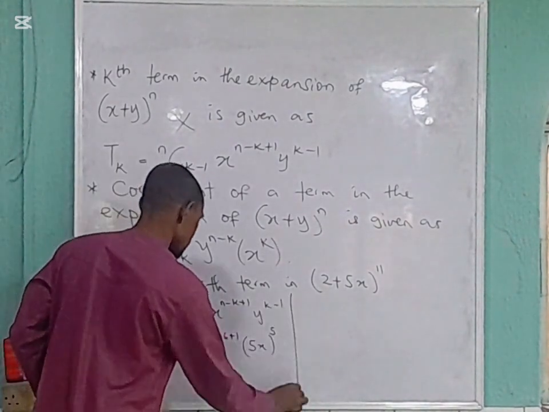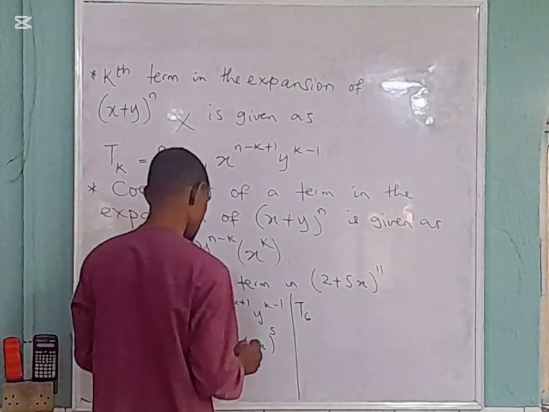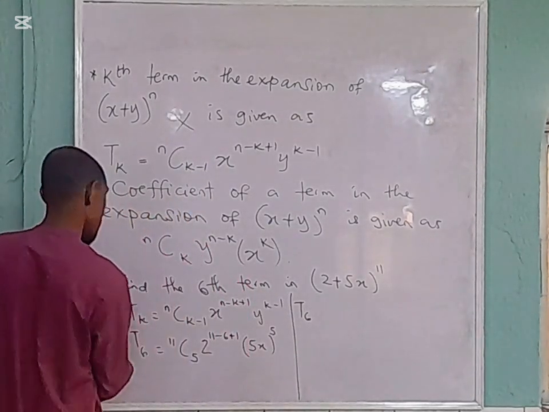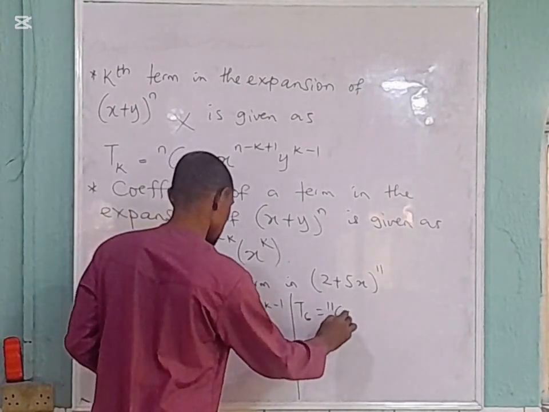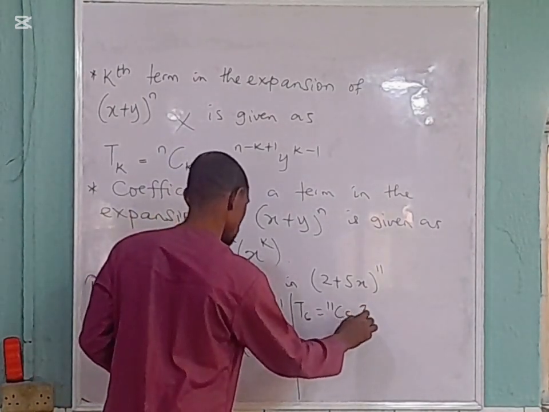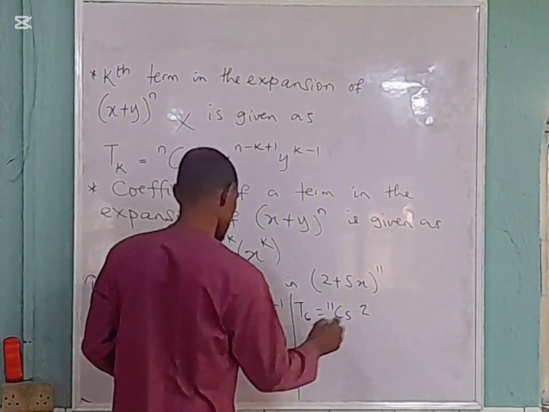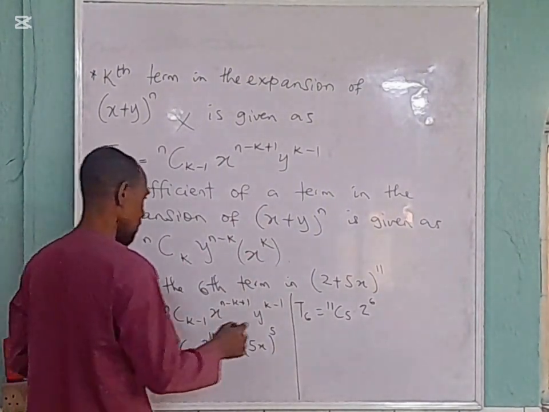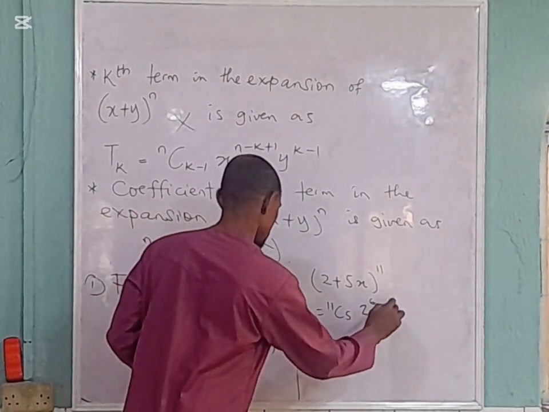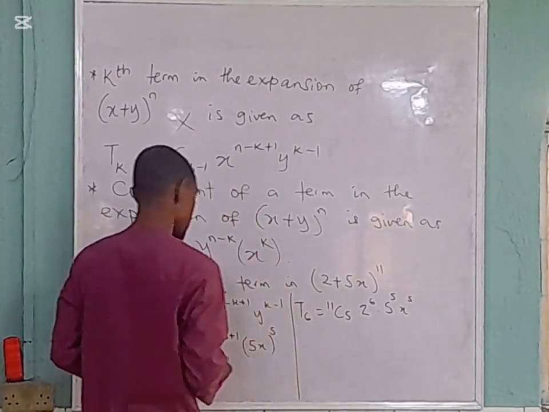So we're going to say T6, which is the sixth term, is 11 combination 5, which is 6 minus 1, x is 2 in this case, that's 2 power 11 minus 6 plus 1, and y is 5x to the power of 5, which is 6 minus 1. This gives us 11 combination 5, then 2 to the power 11 minus 6 plus 1, that is 6, then 5 to the power of 5 and x to the power of 5.